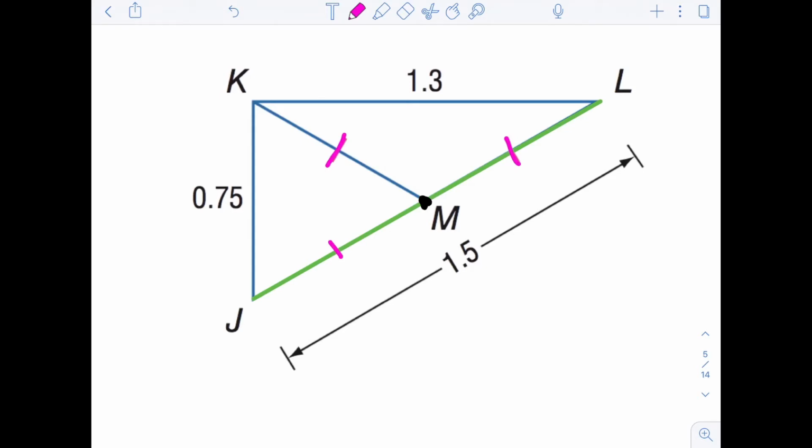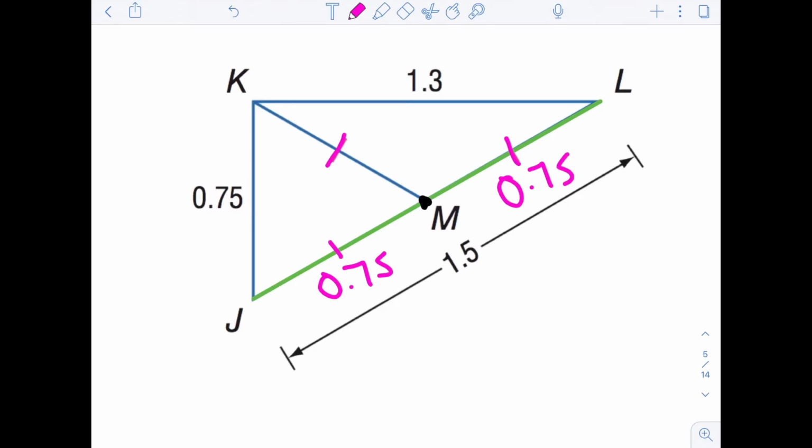So now we can figure out the side lengths. So since this entire segment is 1.5, then that means JM must be 0.75 and ML must be 0.75 because they're the same length and they have to add up to 1.5. So we just do 1.5 divided by 2.